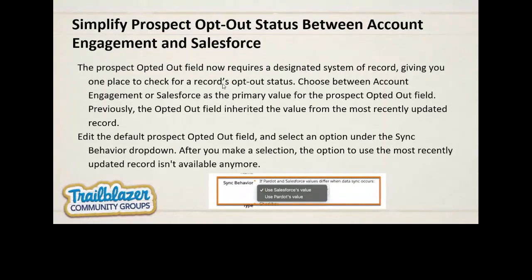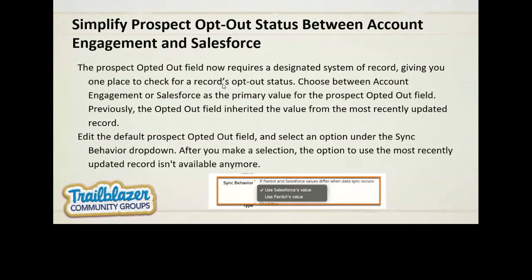But not anymore. Customers used to face a lot of issues because it's not so easy to remove that flag on Sales Cloud. It's a hell of a task for the Sales Cloud admin to remove that flag on the opted out field.